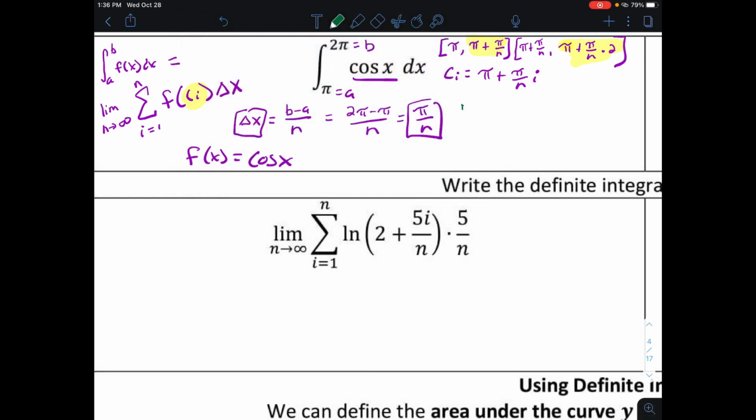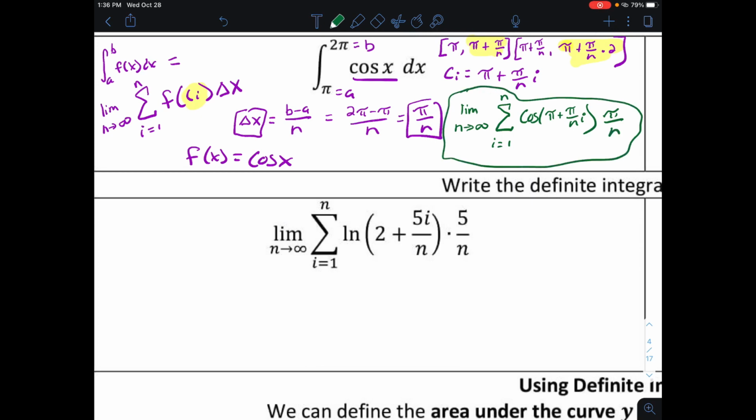That definite integral is going to equal the limit as n approaches infinity of the summation from i equals 1 to n of cosine, and inside of the cosine we put our corner expression, pi plus pi over n times i, and then times our change in x, which is pi over n. So that limit is equal to the definite integral that we were given.